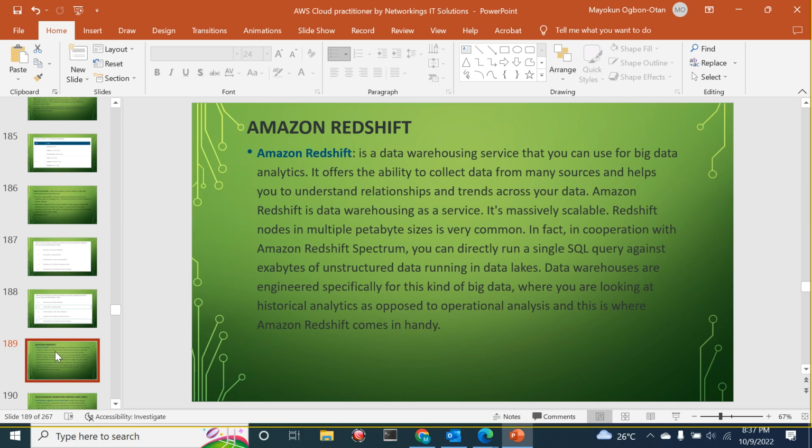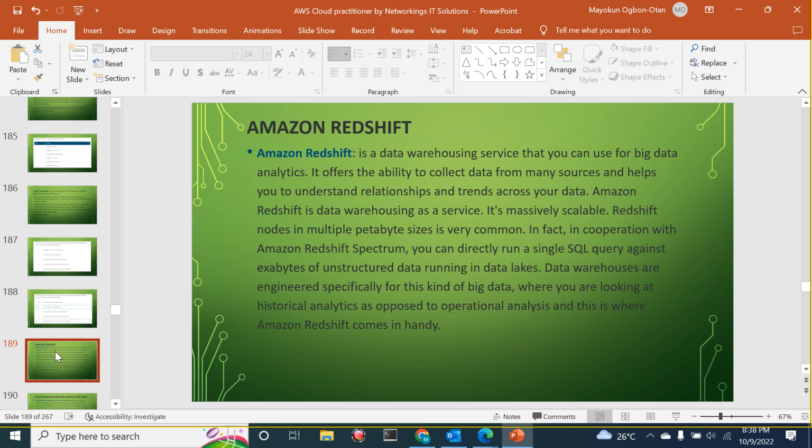Amazon Redshift. Ms. Vera, read this for us. Amazon Redshift is a data warehousing service that you can use for big data analytics. It offers the ability to collect data from many sources and helps you to understand relationships and trends across your data. Amazon Redshift is data warehousing as a service. It's massively scalable. Redshift nodes in multiple petabyte sizes is very common.